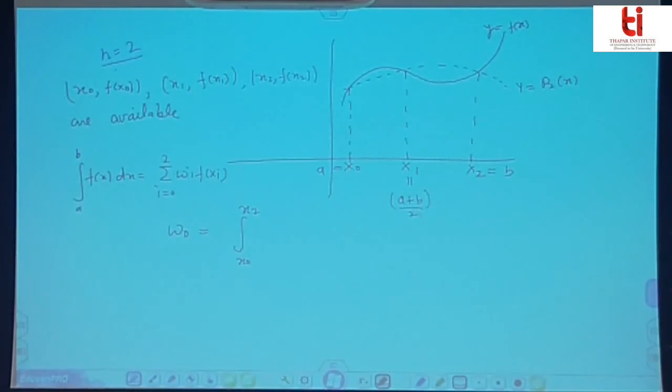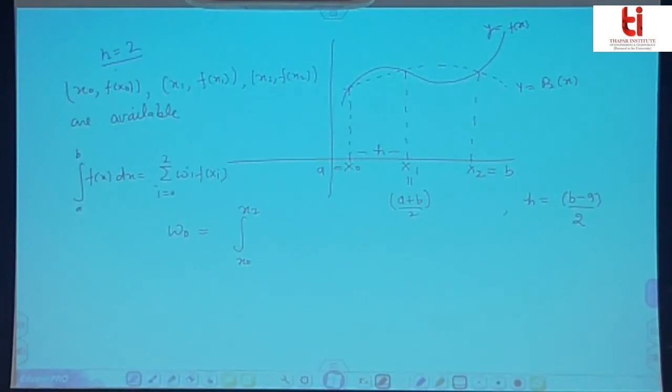This is the midpoint. The step length h is: the length of the whole interval is b minus a, and since the distance between x0 and x1 is h, h is (b minus a)/2. So the length of the whole interval, x0 to x2, is 2h.